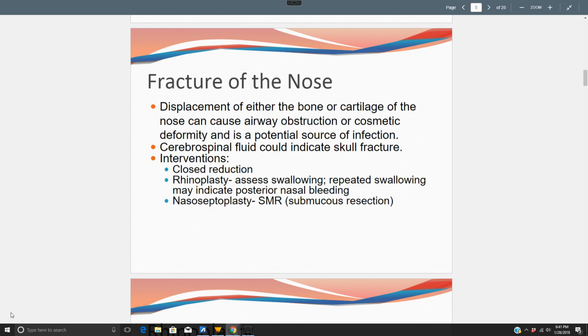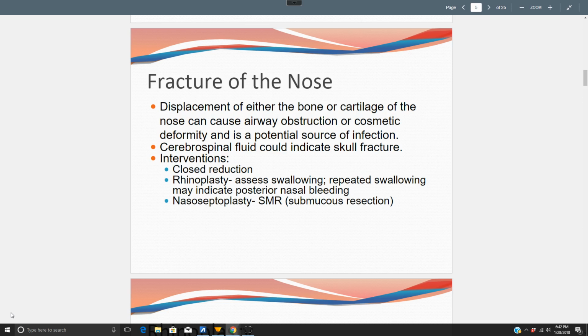And when CSF dries on a piece of filter paper, you see a yellow halo appear as a ring on that dried edge of the fluid. And you can't just go by x-rays alone, because they're not always helpful in making that diagnosis with a simple nasal fracture. Okay, so just keep that in mind.